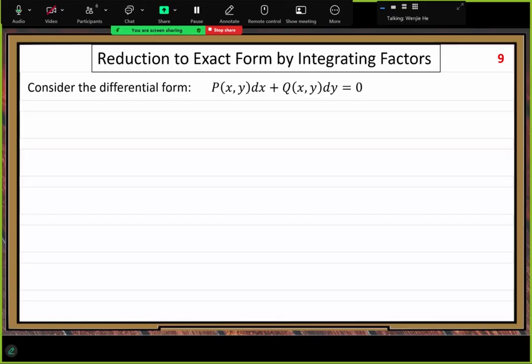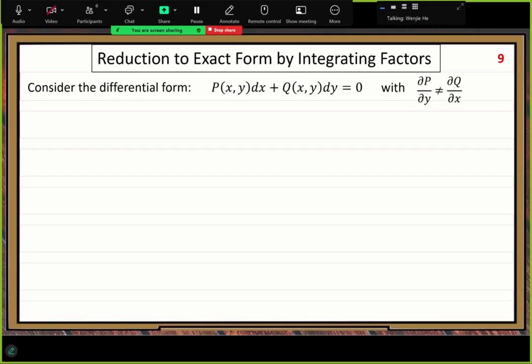People intentionally use different P and Q because after we convert it to exact form, at that place we need to use M and N, so we don't get ourselves confused. So for this non-exact form, we use P and Q. After we do the conversion, we will get an exact form, and then we use M and N.